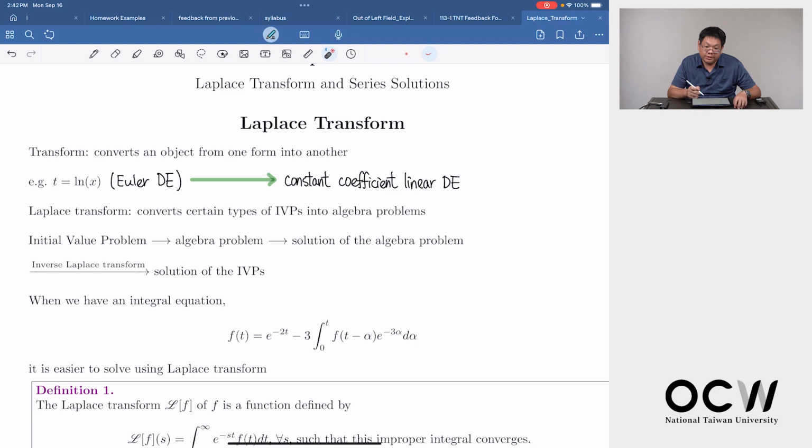And also the Laplace transform will convert certain types of initial value problems to algebra problems. If it is an algebra problem, then it is easy to solve. So for both cases, you can see the main goal is to solve it easily.